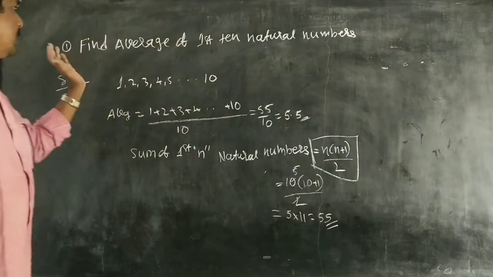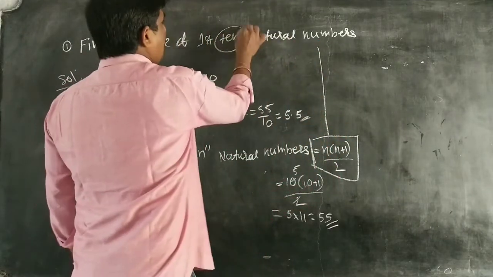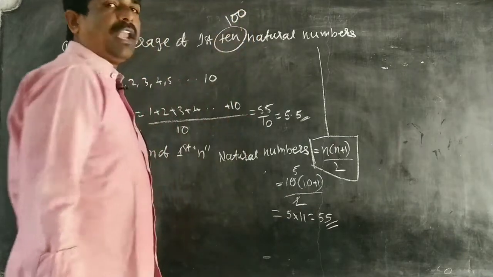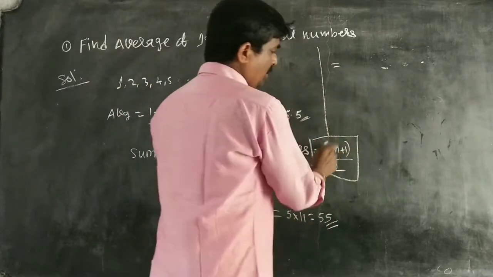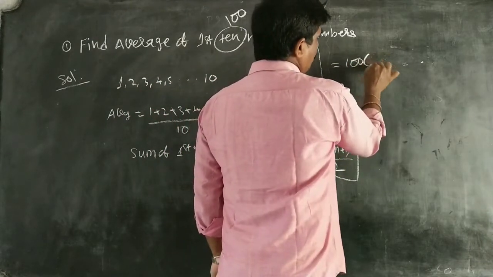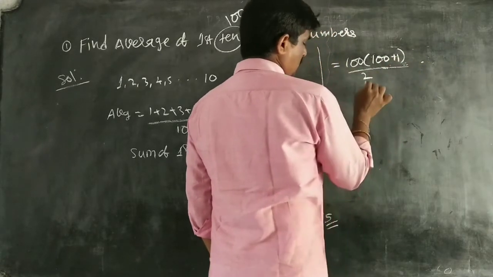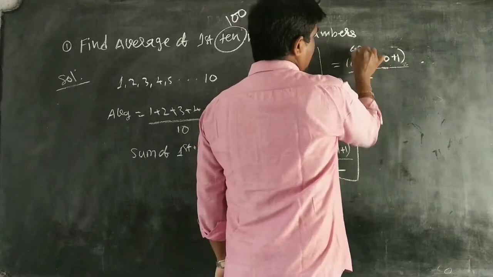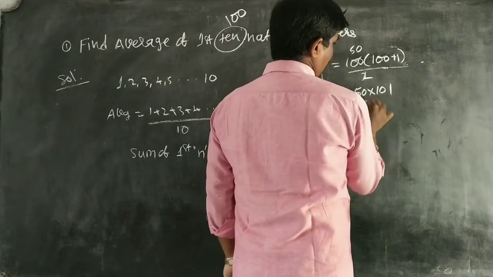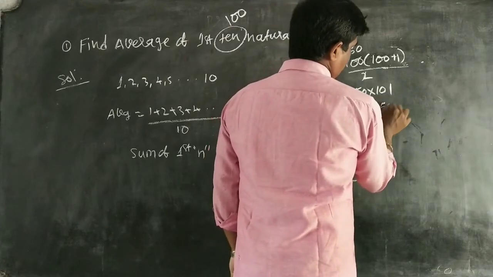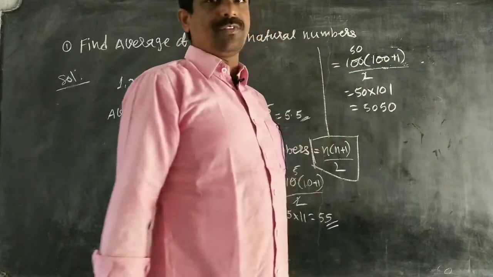If we ask instead of 10, find the average of the first 100 natural numbers, how do we solve it? Simple, with the principle: n into n plus 1 by 2. 100 into 100 plus 1 by 2, that is 50 into 101, which is 5050. The sum of the first 100 natural numbers is 5050.